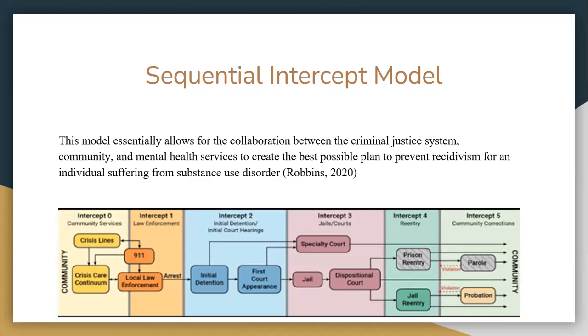Within these intercepts, all of the programs and harm reduction strategies fall. For example, in intercept 1, law enforcement, this is where you would see pre-arrest diversion programs. In intercept 3, jails and courts, this is where you would see drug treatment courts. And in intercept 4, reentry, this is where you would see naloxone or Narcan distribution.